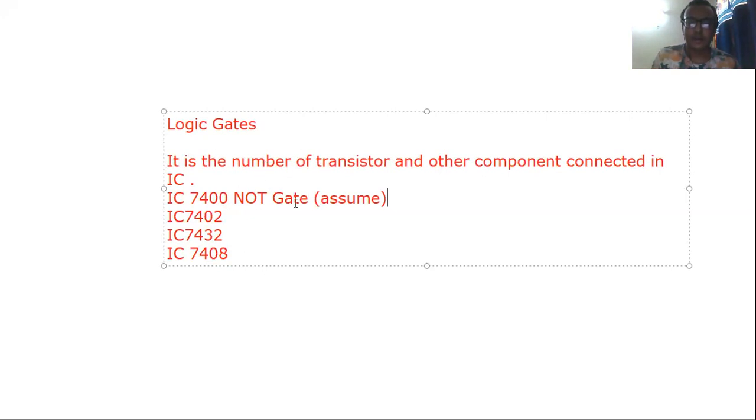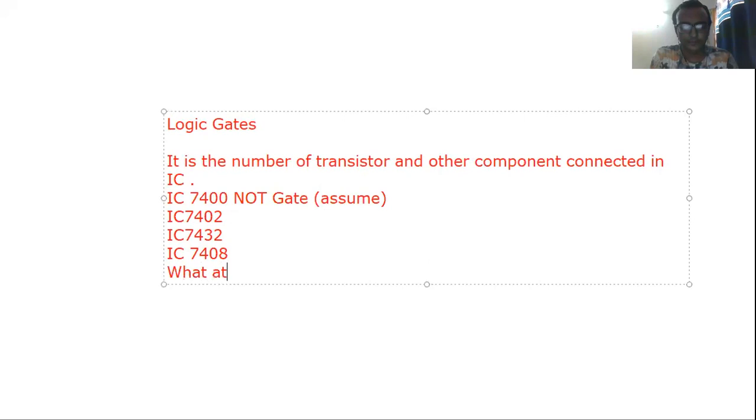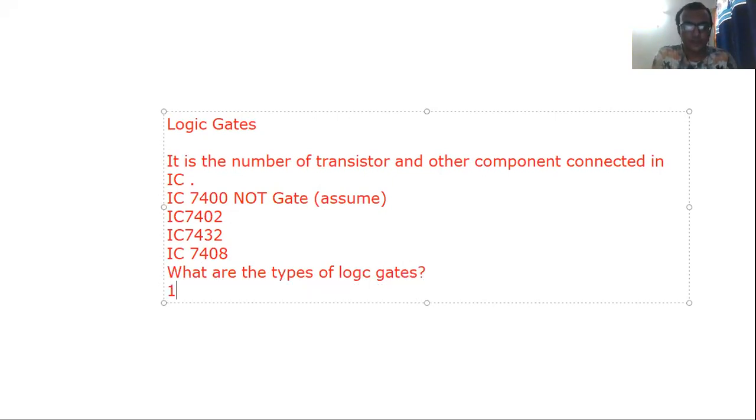First of all, it is known as the fundamental concept of logic gate. Now, what are the types of logic gate? This is the first question related to MCQ. First, main logic gate.